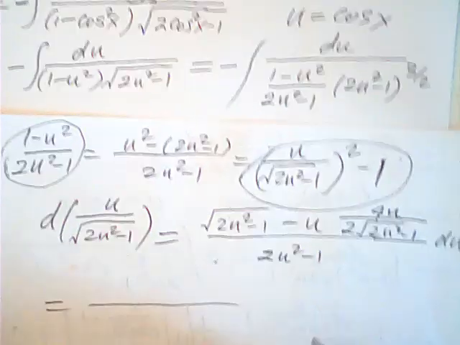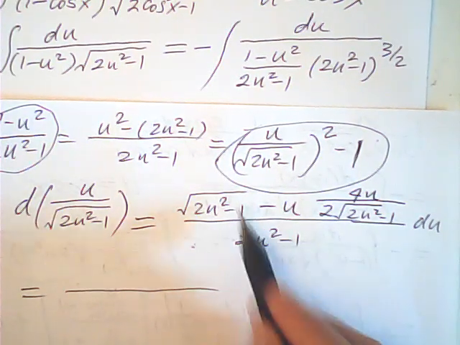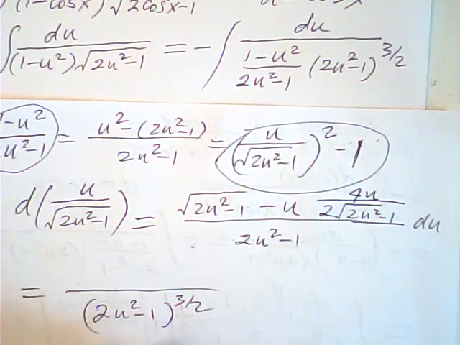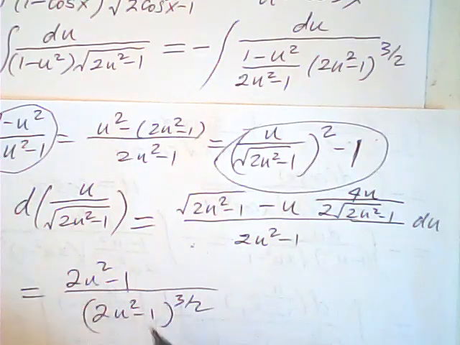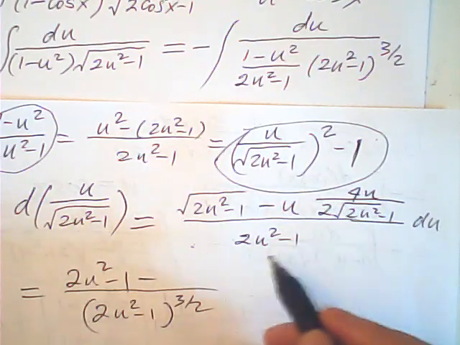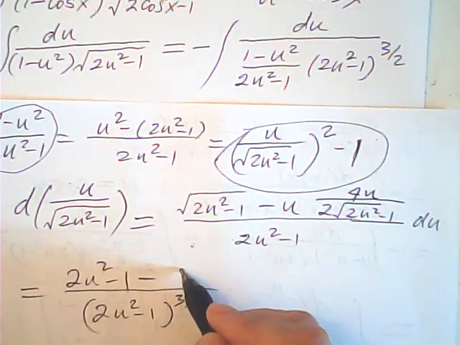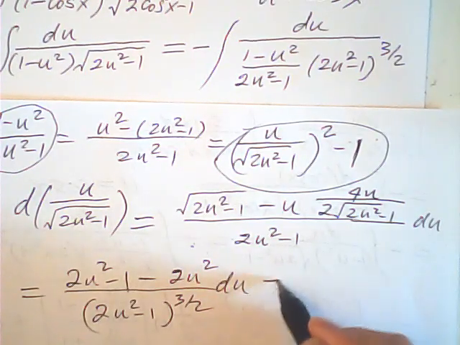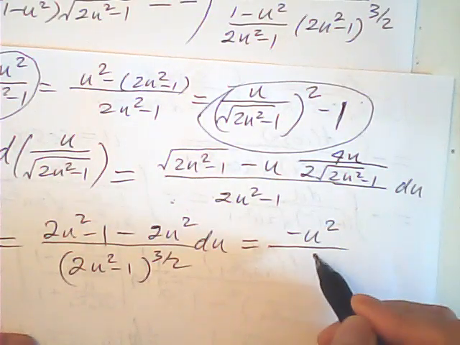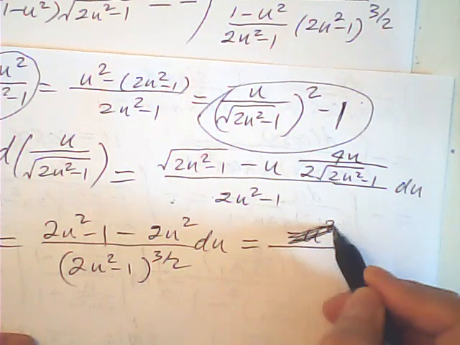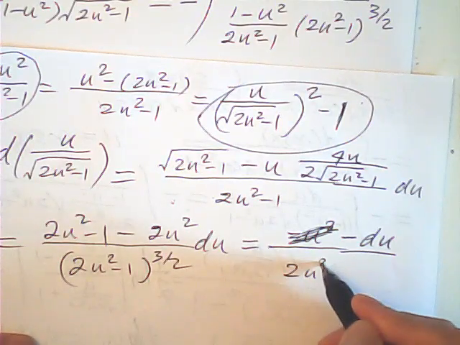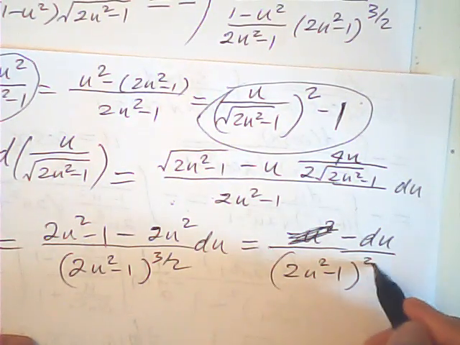Then if I multiply top and bottom, both become 2u squared minus 1 to the 3/2. After simplification it is equal to negative du over 2u squared minus 1 to the 3/2.